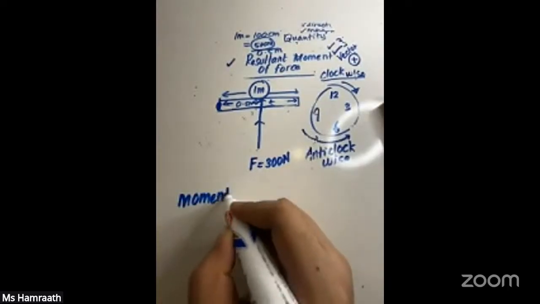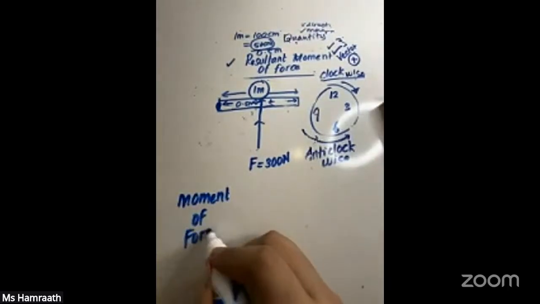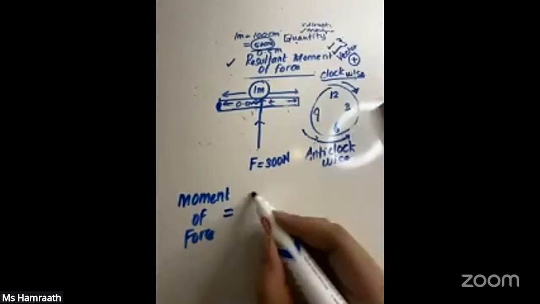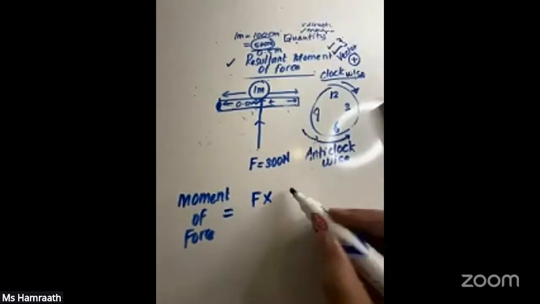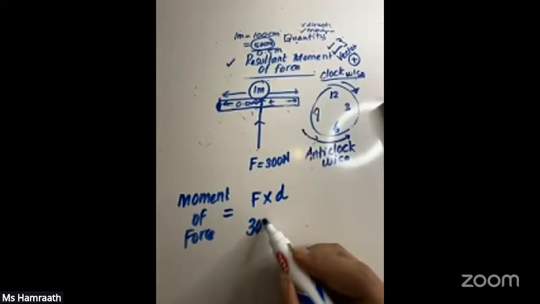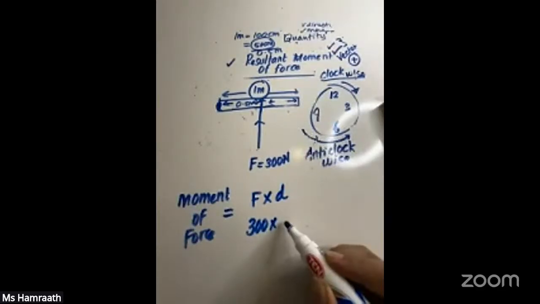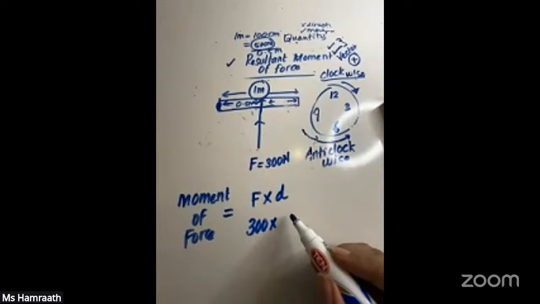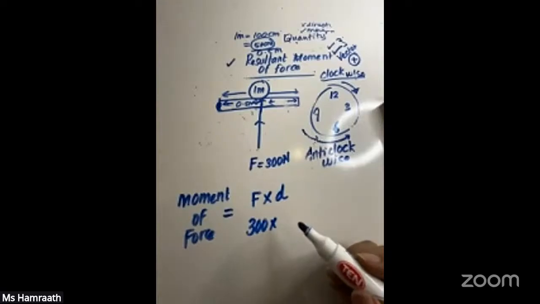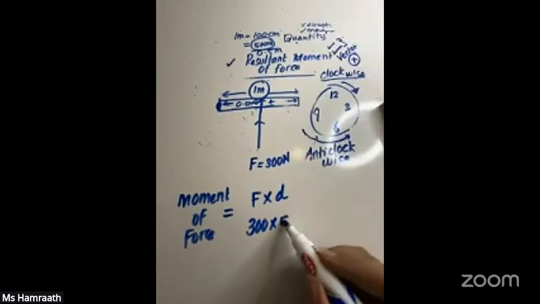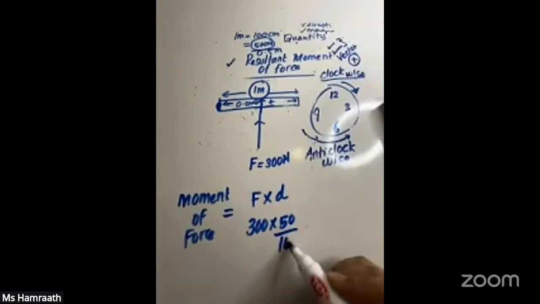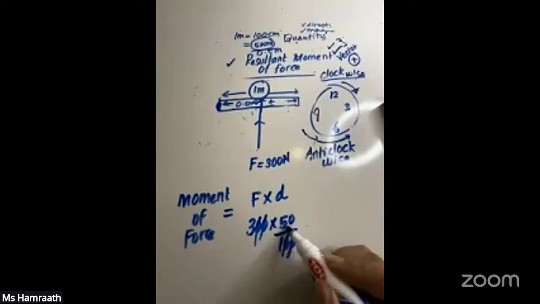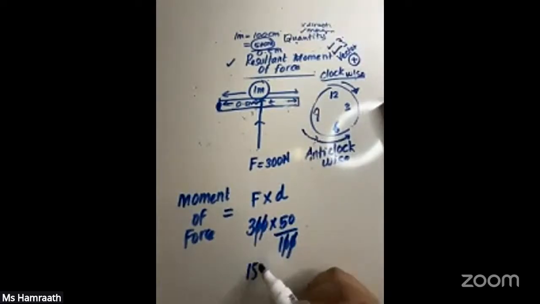Simple: force times distance, 300 times 0.5. If you cannot multiply the decimal, take it as 50 divided by 100. Cancel the 0. 3 times 50 is 150 Newton meter. So this is the moment of force.